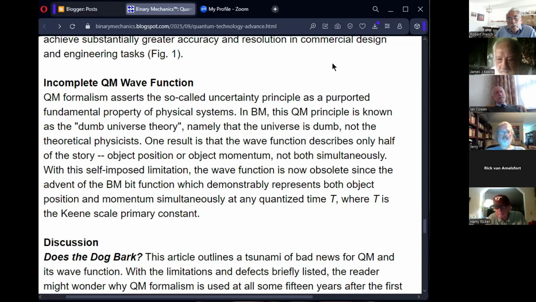But I suppose if you push them, they'd probably say that the product of the uncertainty in the momentum and the position of a universe, a nebula, let's say, must still be greater than or equal to h over 2 pi. So I suppose I'm wondering in a way, Jim, would you say that binary mechanics applies at every scale, or is it more a microscopic scale as well?